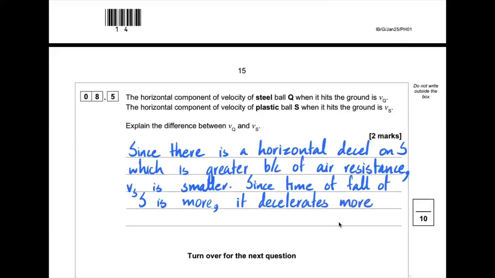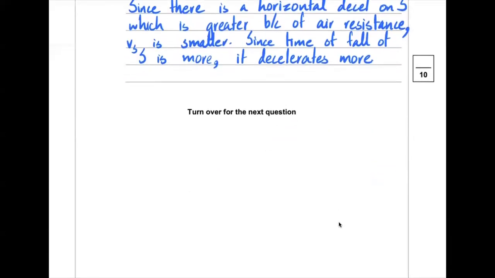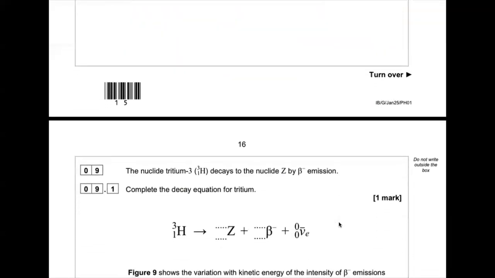So more air resistance as well because of its diameter, but also because we just did this, the time would be more for S, so deceleration also acts more, right? So it falls to a smaller value.